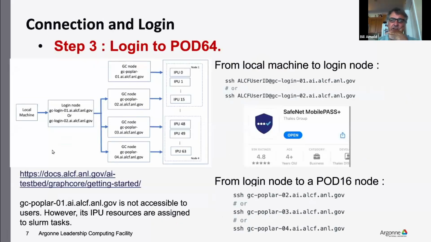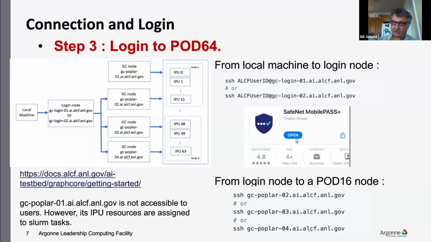Logging in is a two-step process. You have a login node where the authentication is done using the Mobile Pass app on your phone. There are two login nodes. Once you've logged into a login node, you can SSH to Poplar node 2, 3, or 4.